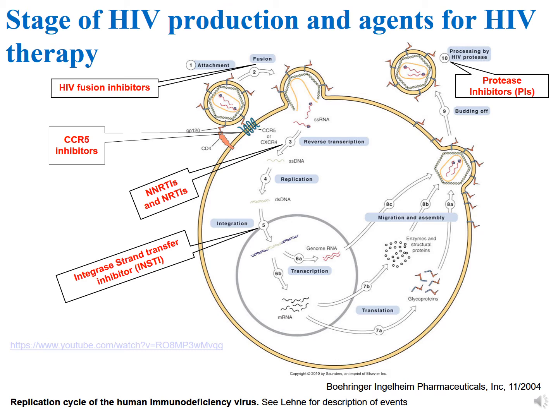You use the machinery of the cell to be transcribed and translated into those viral proteins, and then they assemble into a new virus particle, bud off, and can spread and infect the neighboring cells.